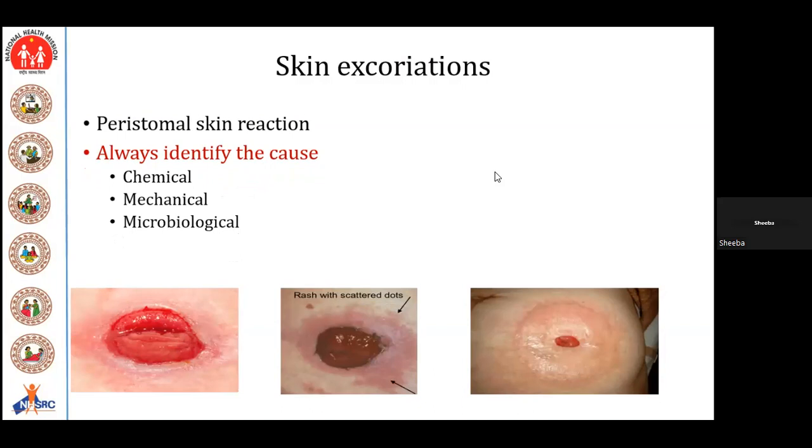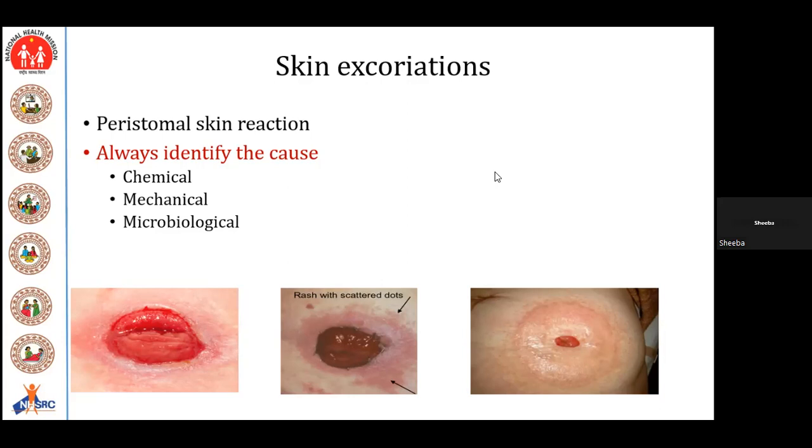If there is skin excoriation and you have karaya powder, then you can apply karaya powder. If you don't have karaya powder, then you can go for a barrier cream, or you can use zinc oxide powder.